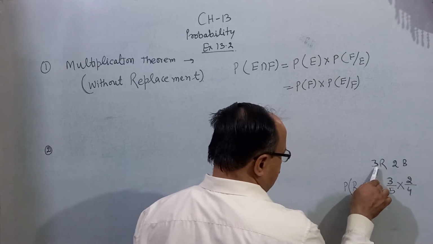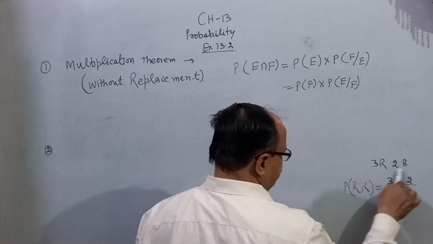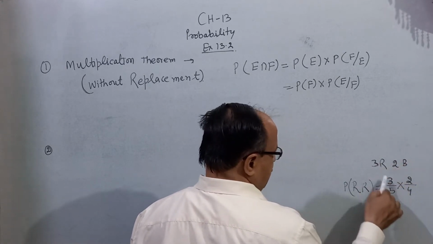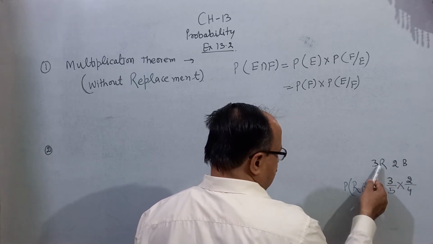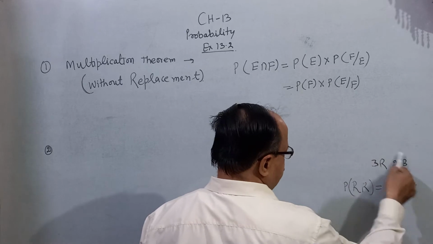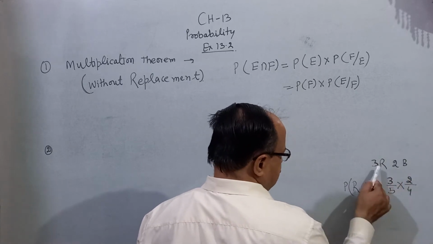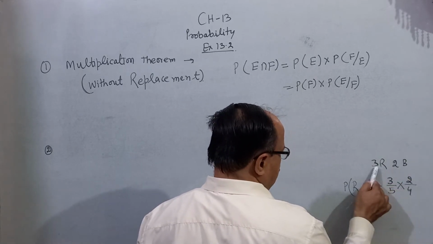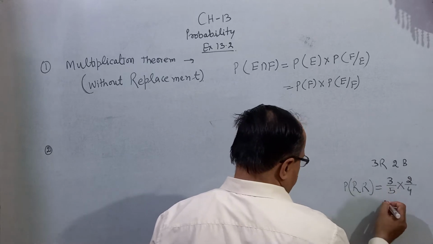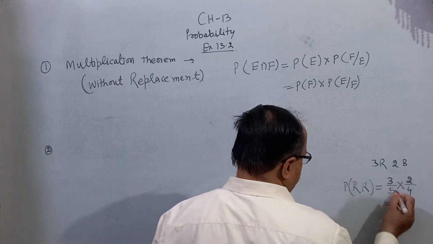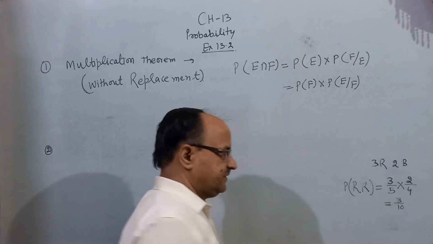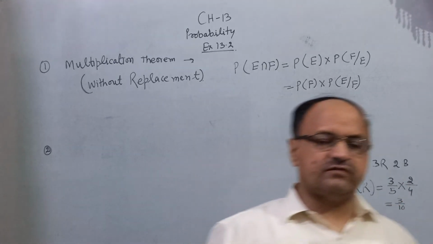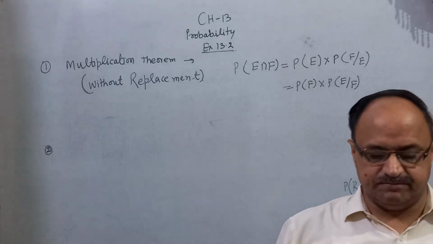The probability of drawing the first ball is 3 by 5, 3 upon total. And when you draw the second ball, the bag contains 2 red and 2 black, so the second red ball is 2 upon 4. Your answer is 3 upon 10. It is the case of without replacement.